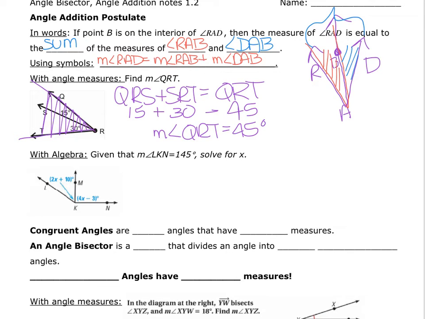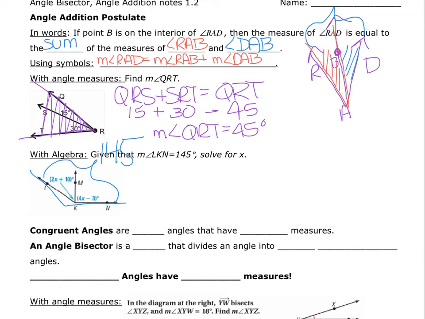Now, with the algebra, again, you got to put on your hat of equation creator. Anytime you're asked to solve for x or find x, you need to make an equation that makes sense based off of the information given. Well, it is given to you that the measure of angle LKN, the whole entire thing right there, is 145 degrees.